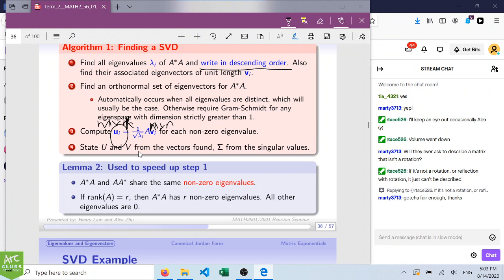So this is m by 1, and this is n by 1, because A is m by n. So you're going to end up with that. All right, and then lastly, just list out your u's and list out your v's, in the same order that we've listed out my singular values.